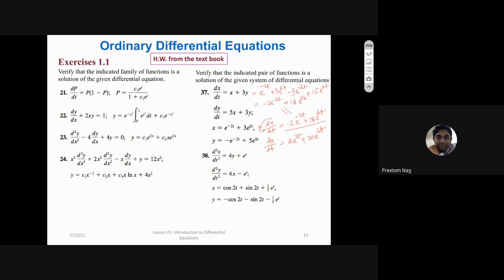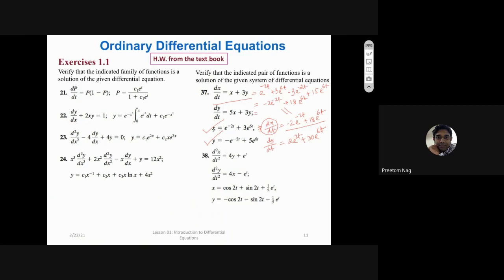So we can say dx/dt equals x plus 3y, when x equals e to the power minus 2t plus 3 e to the power 6t, and y equals minus e to the power minus 2t plus 5 e to the power 6t, right? If you similarly calculate dy/dt, you'll get your result easily.